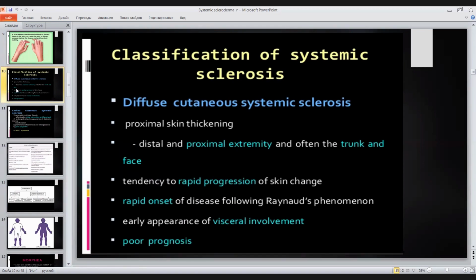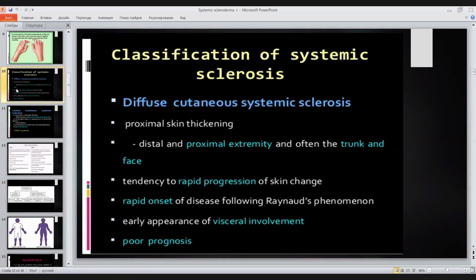Diffuse and limited is the big classification, but except this, we have also the visceral form, and the overlap form, when systemic scleroderma is combined with another type of rheumatological disease, and always you have the juvenile form till 16 years old. If a rheumatological disease affects a child, it is called juvenile form.